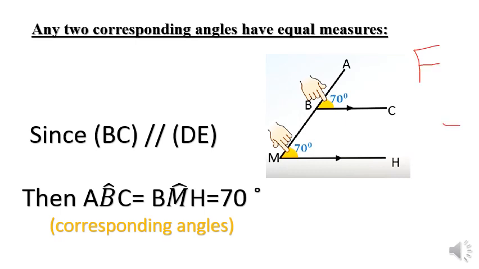This is an F shape but upside down. These angles here are called corresponding angles. In this case, the corresponding angles, which are ABC and BMH, are equal. They are equal to 70 degrees.